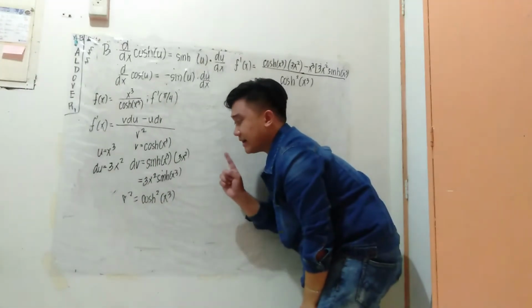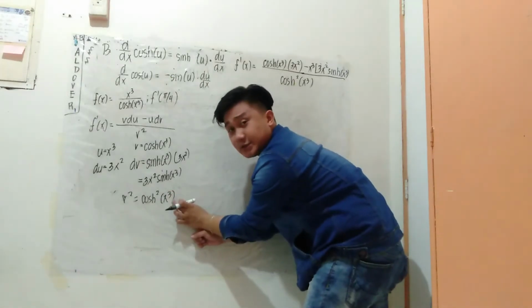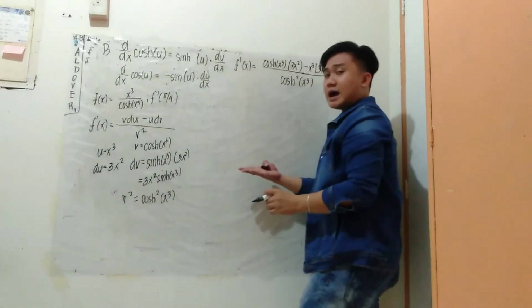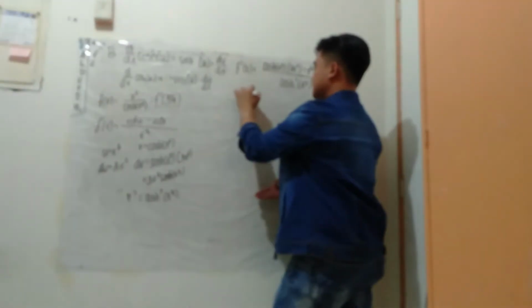Guys, ang ini-square natin dito ay yung buong cosh x cubed, hindi yung x cubed ha. So, yun yung madalas pagkamala ng mga students. Okay? So, simplify ko lang.